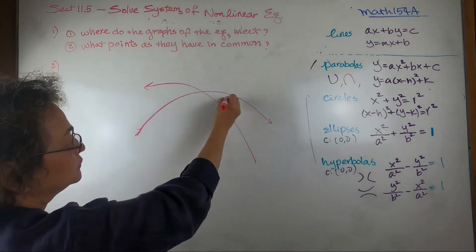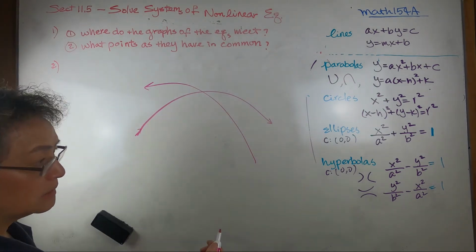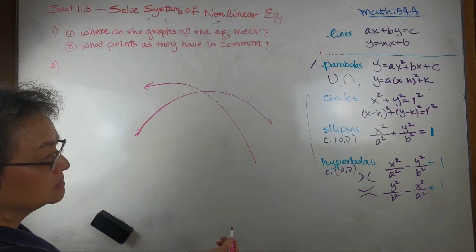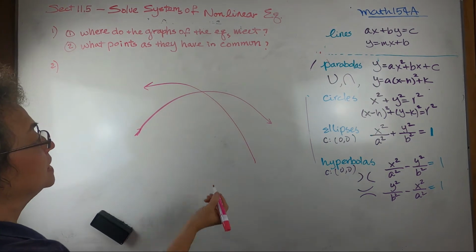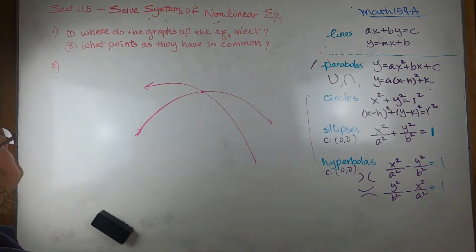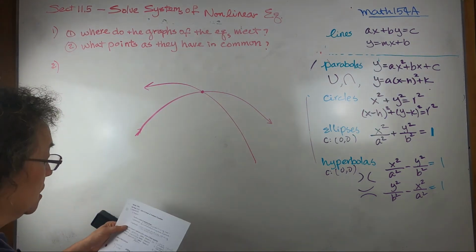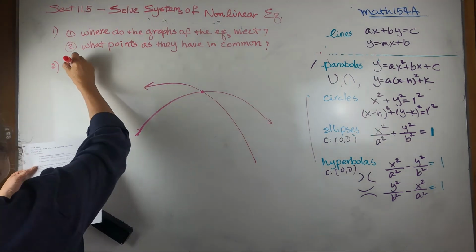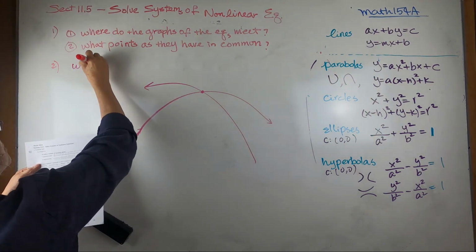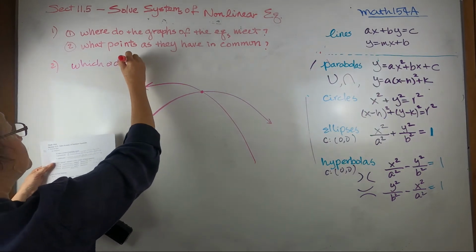Then the curve would be a parabola, both of them, because of gravity. Then we have to decide where they meet. So we want to find the position, and then the ordered pairs.